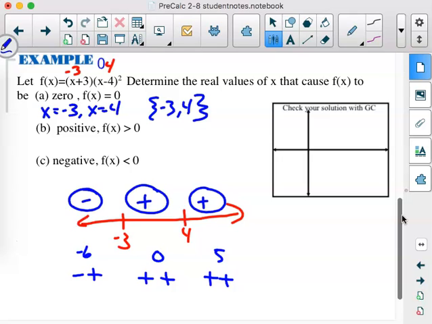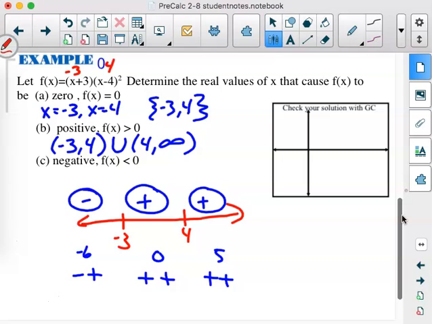So, -3 to 4. And it's also going to be positive to the right of 4. Now, we definitely use the union notation here because it is this and this that will give you positive f of x values.